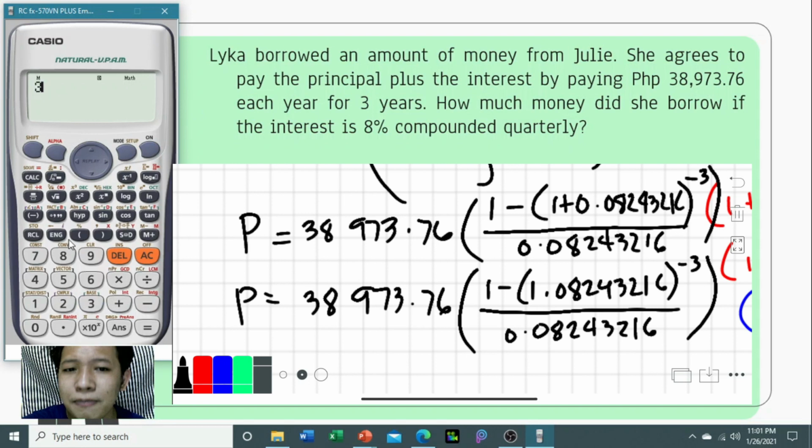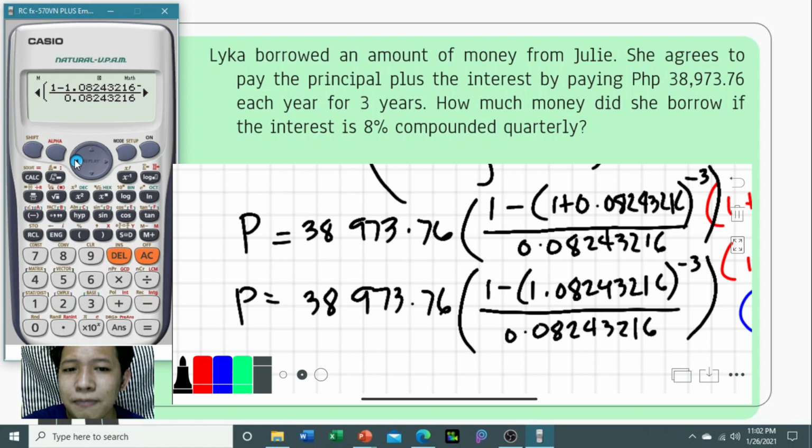So that is 38,973.76 multiplied by, so fraction tayo, we have 1 minus 1.08243216 raised to negative 3, over the value of j, 0.08243216, and then close parenthesis.